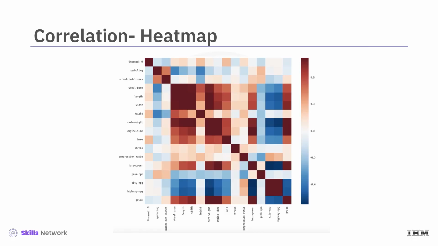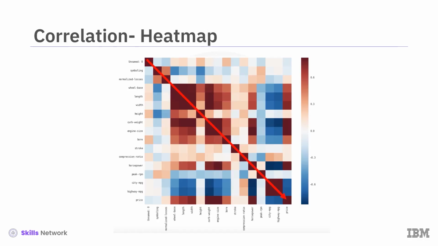Taking all variables into account, we can now create a heat map that indicates the correlation between each of the variables with one another. The color scheme indicates the Pearson correlation coefficient, indicating the strength of the correlation between two variables. We can see a diagonal line with a dark red color, indicating that all the values on this diagonal are highly correlated.